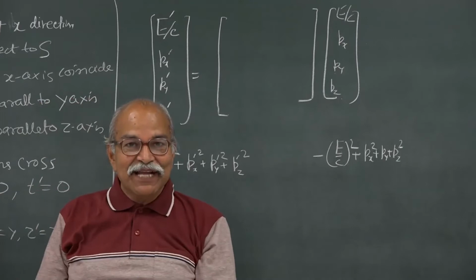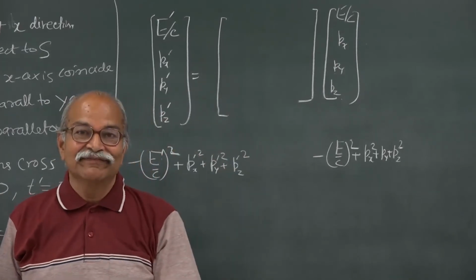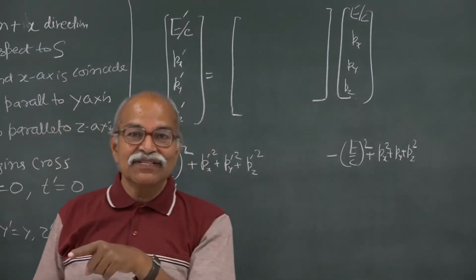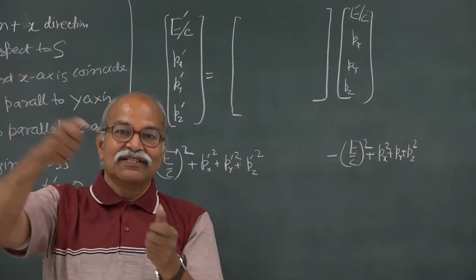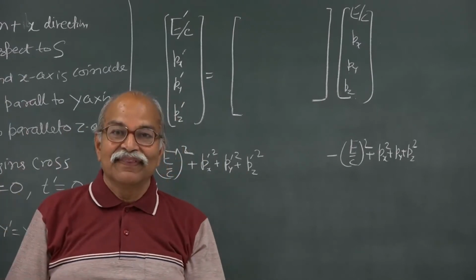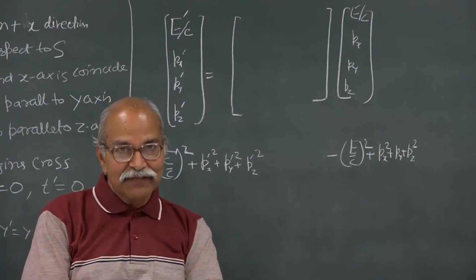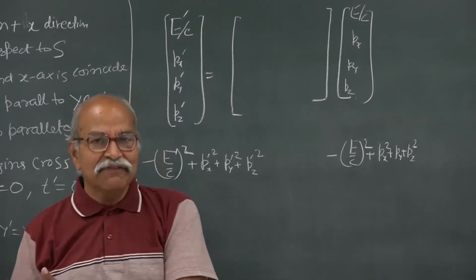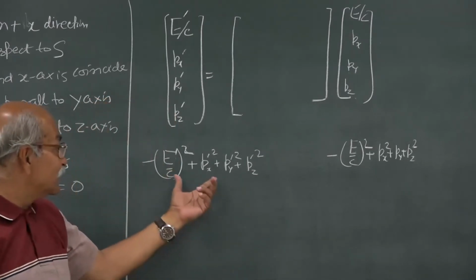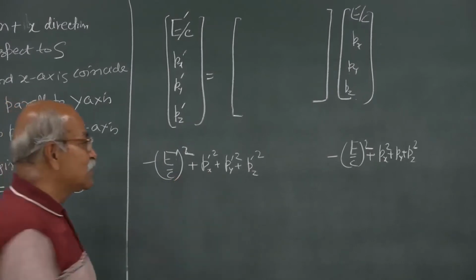After all, it is only changing the frame. When I am changing the frame, I am not changing the magnitude of a vector. In 3-dimensional geometry, when we have x, y, z axes and there is a vector, the length of the vector will not change if I reorient the frame. Similarly, if I am changing from one inertial frame to another inertial frame in whatever fashion, the length of the vector will not change, and this represents the magnitude of the vector, square of it. So this will be equal to this.